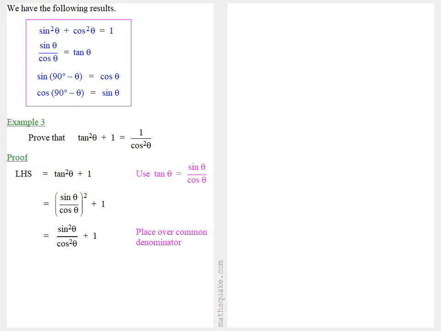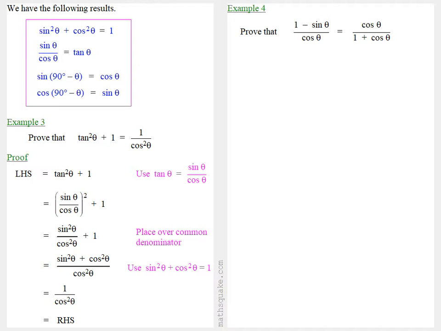And if we place it over a common denominator, that's sine squared theta plus cos squared theta all over cos squared theta. But sine squared theta plus cos squared theta is equal to 1. So we've got 1 over cos squared theta. And that's the right-hand side.